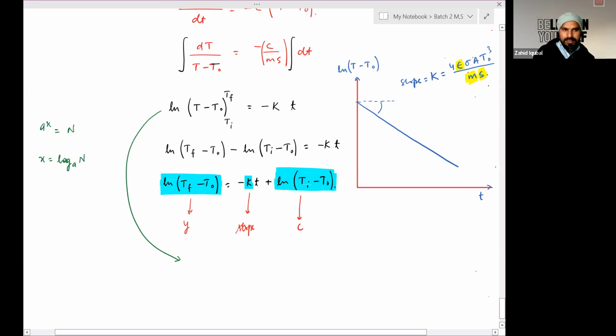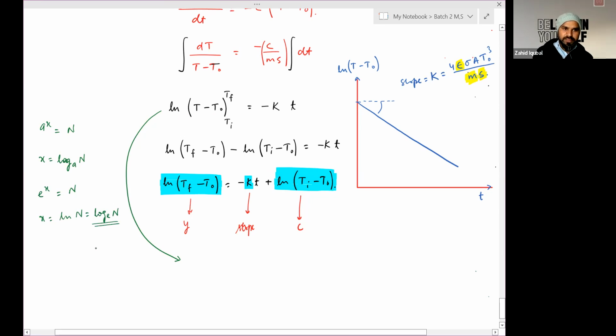If this base a is replaced by the exponential function e, it becomes x equals ln n, or log to the base e of n. So in this part, we have ln of some quantity.